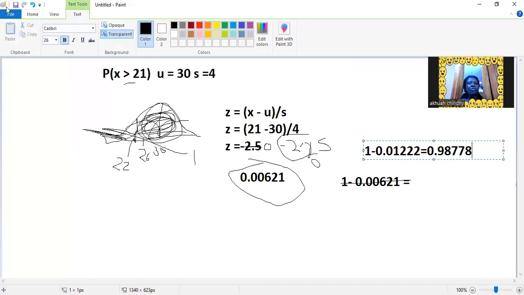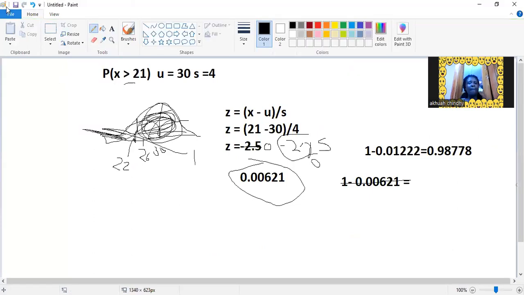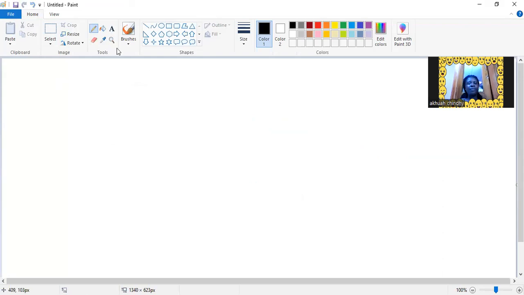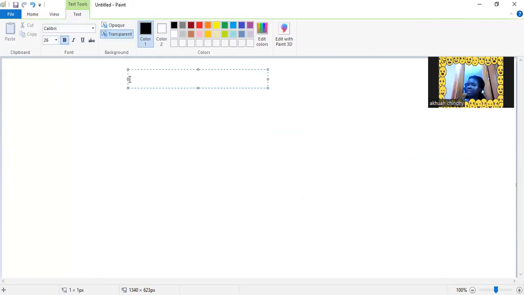Sorry, I want to write it down. So the probability that x is greater than 30 but less than 35.